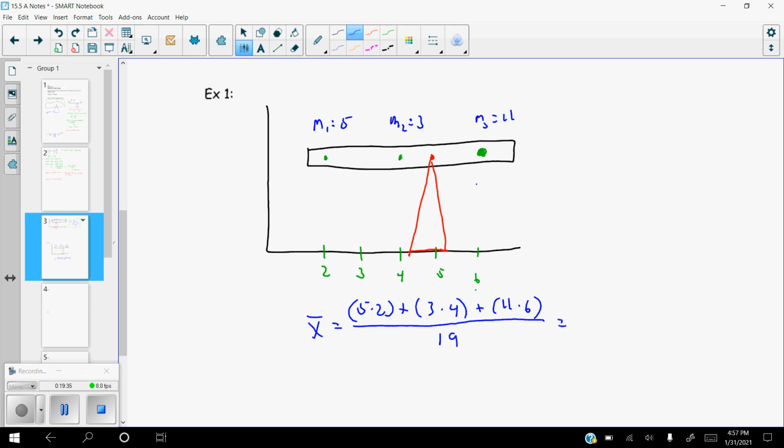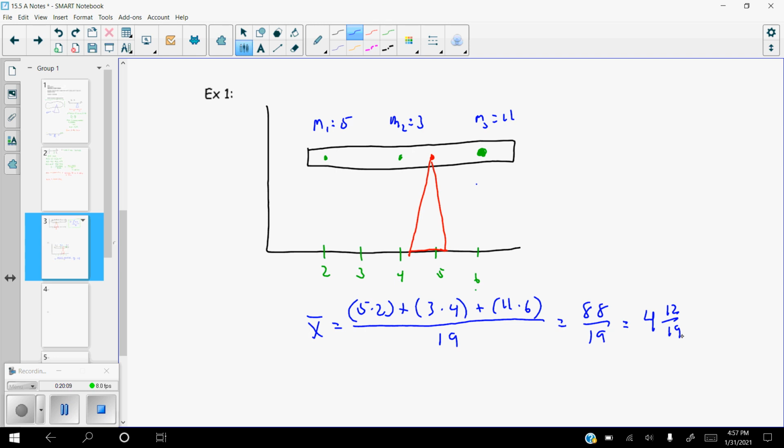So let's see what we get. 10 plus 12 is 22, plus 66 is 88, so we get 88/19. Let's see, 19 goes into 88 4 times, with a remainder of, 4 times 19 is 76, so a remainder of 12/19. So 4 and 12/19.